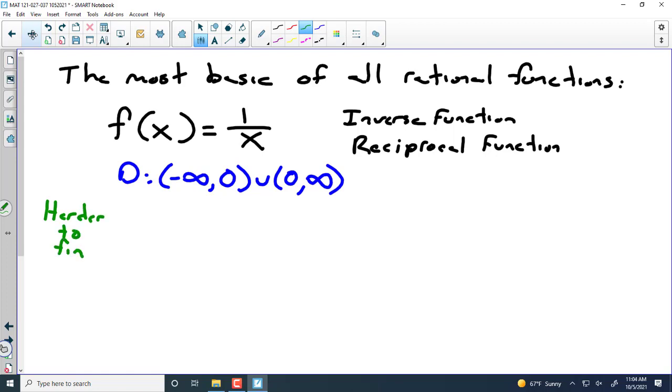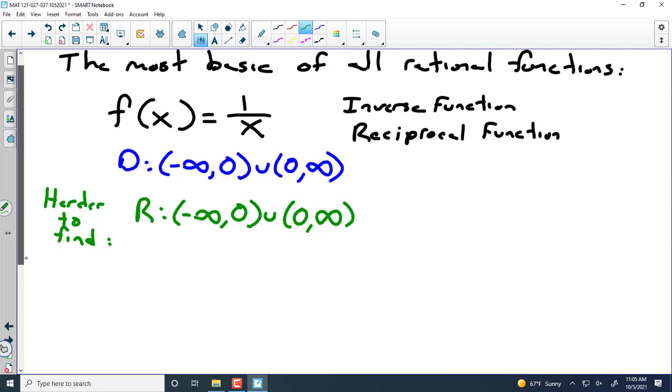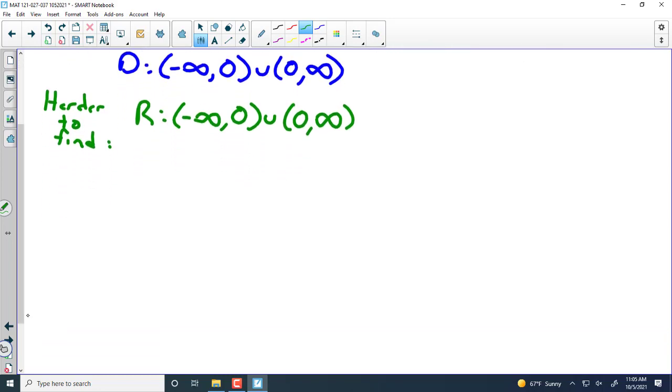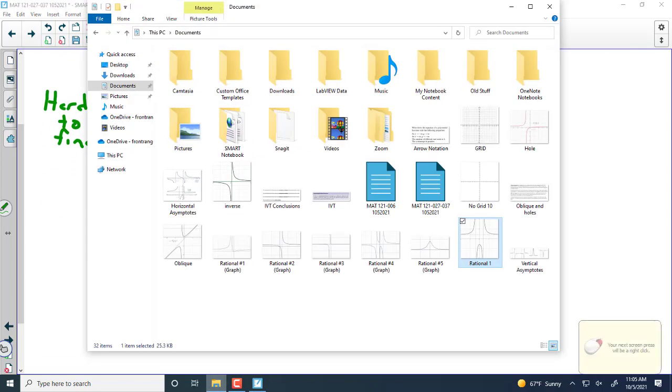Harder to find, and you wouldn't necessarily know this just by looking at this, everyone, but the range of it is actually also the same. I'm writing this little note, harder to find here, so you don't wonder later, how did I know that? I know that because I've worked with this function before. You're not supposed to know that just by looking at it. Here's what it looks like in a bunch of pictures before class today.